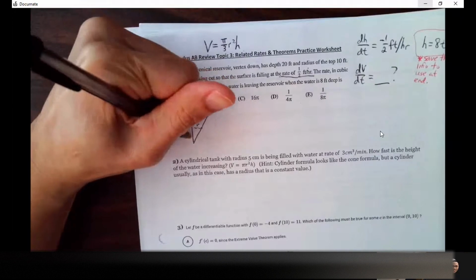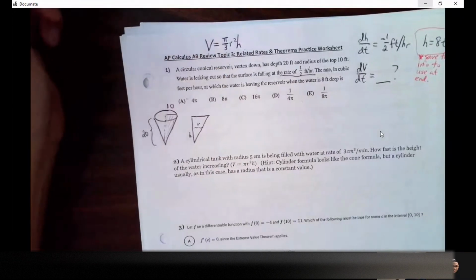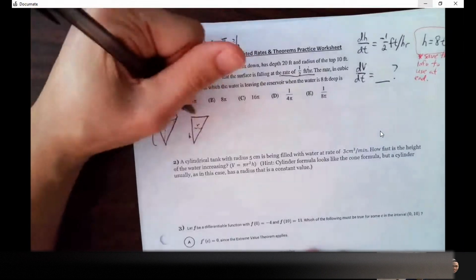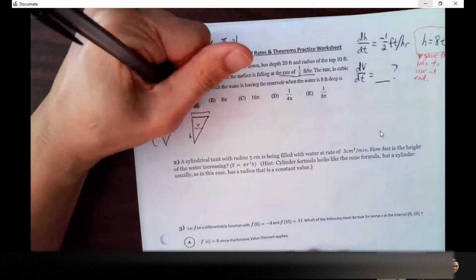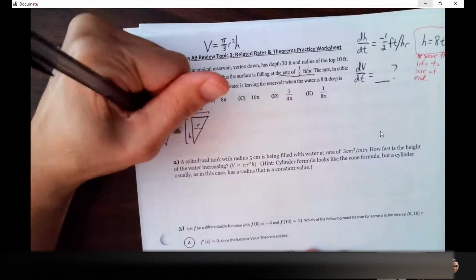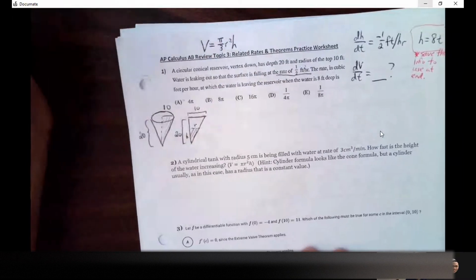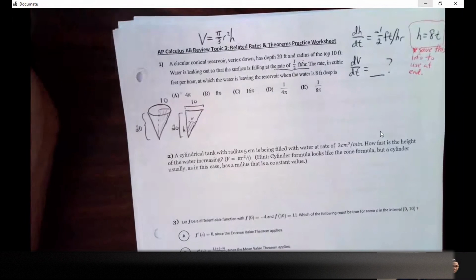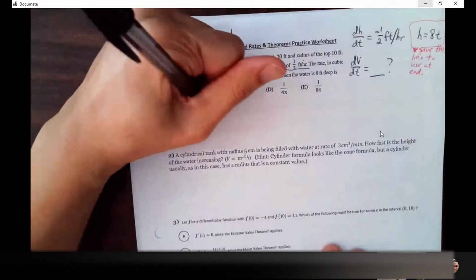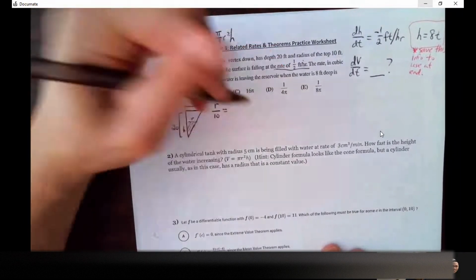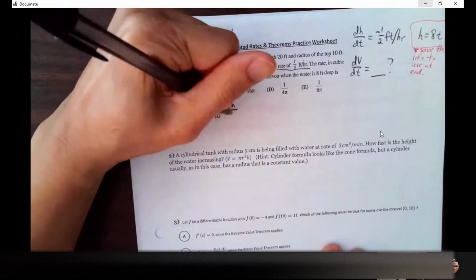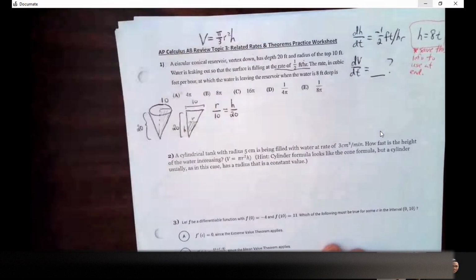We have the water level that's changing, and the water inside the cone tank is going to form its own cone shape. I can set up proportions here. I can say the radius of the small cone is to the radius of the big cone as the height of the small cone is to the height of the large cone.